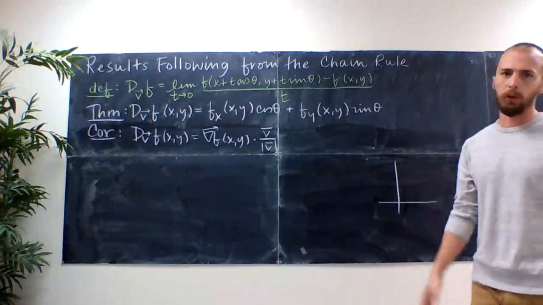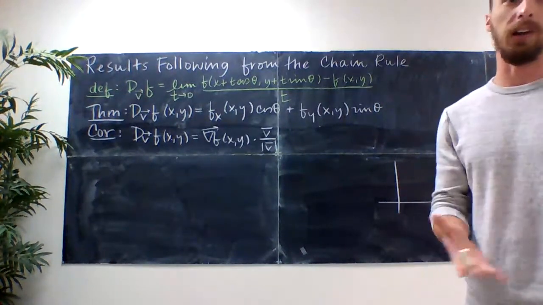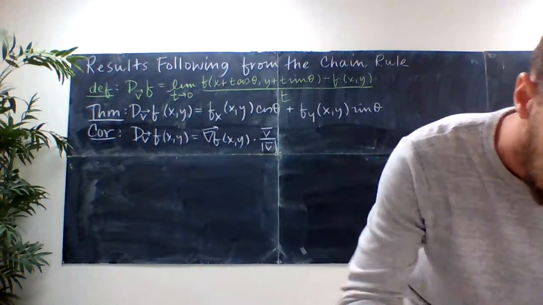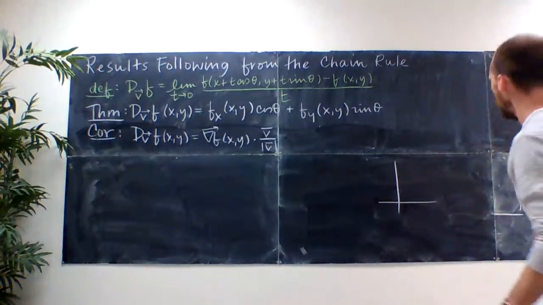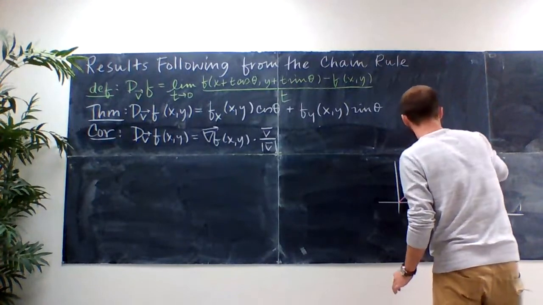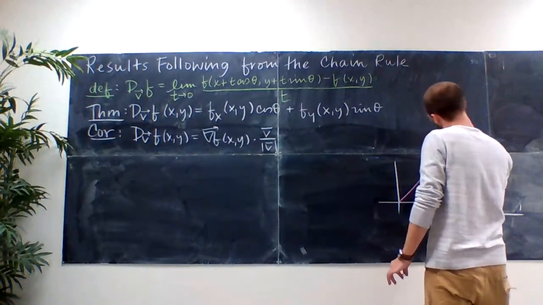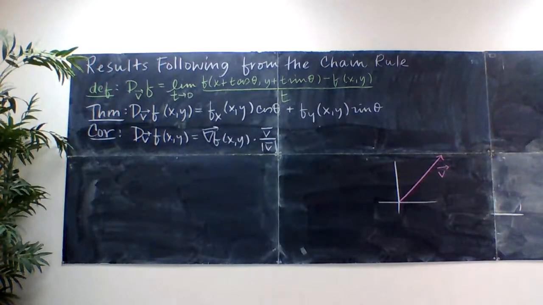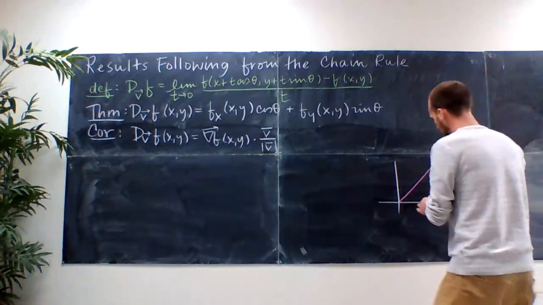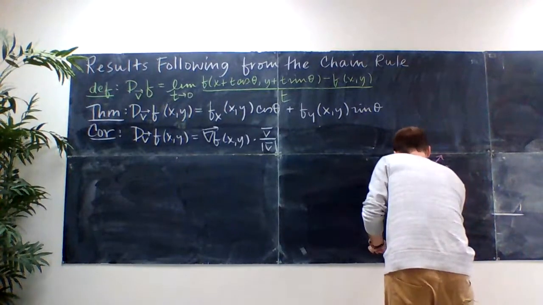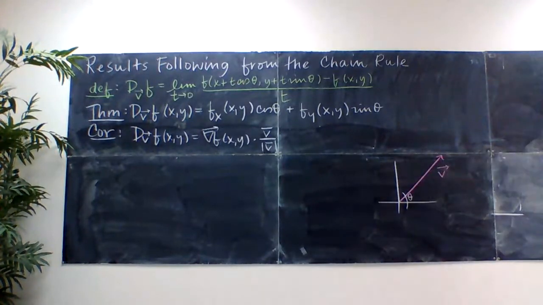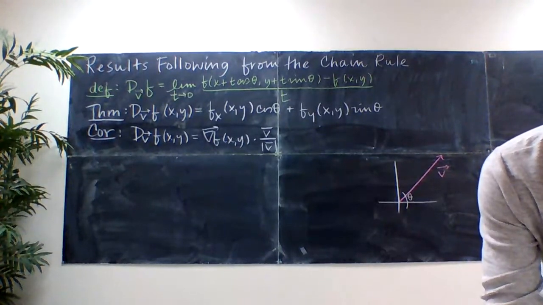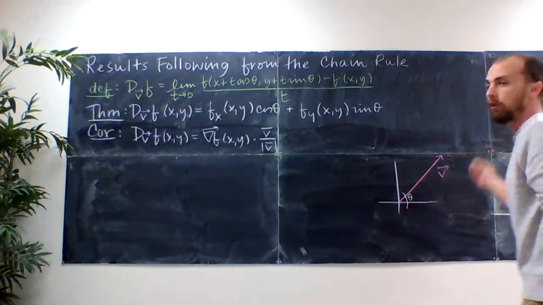I'm just going to assume with no loss of generality that my vector I'm interested in is in the first quadrant, and say, maybe I'll grab a color here, like potentially pink, and say I've got a vector, and we'll call it v. And specifically, I think you know where this is headed. That's going to be an angle theta. And then suppose that we have some notion of 1, right?